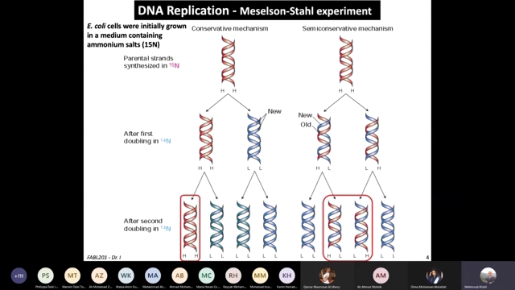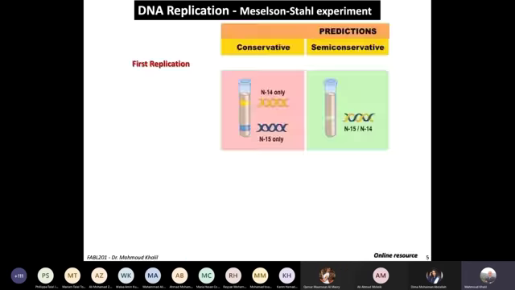To check which theory is correct, you need to check which one is present in the doubling bacteria. If you find heavy-light is present, that means it's a semi-conservative mechanism. And if you find heavy-heavy is present, this means it is a conservative mechanism.